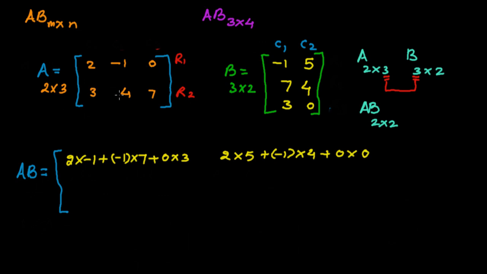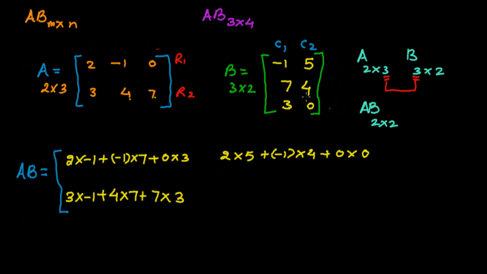Here you see in the second row we have to again multiply with the first column, corresponding elements we will multiply and add it up. So 3 multiplied by minus 1 plus 4 multiplied by 7 plus 7 multiplied by 3.